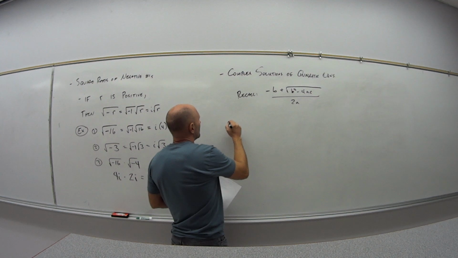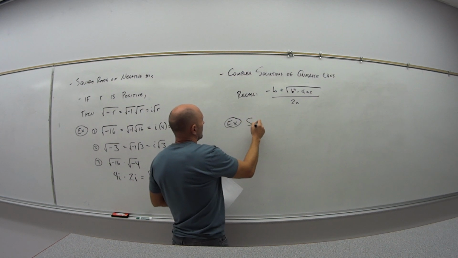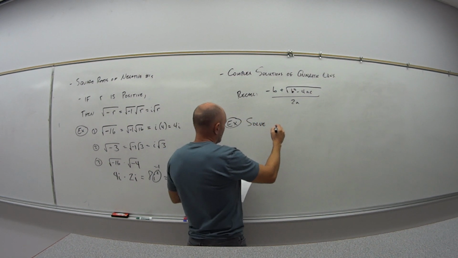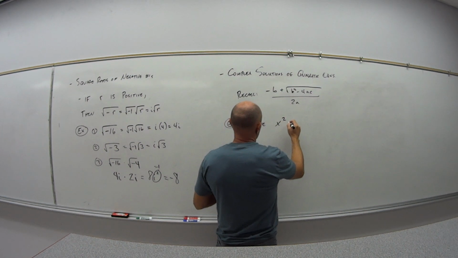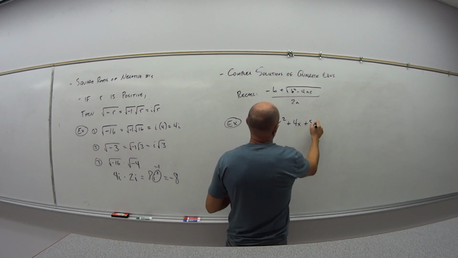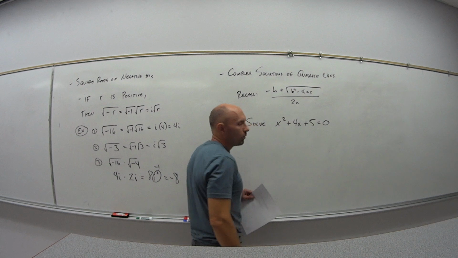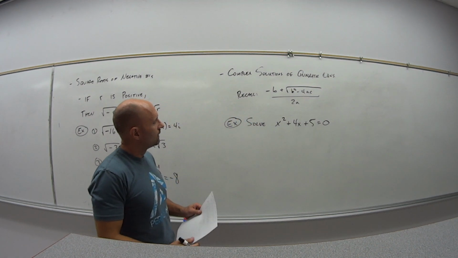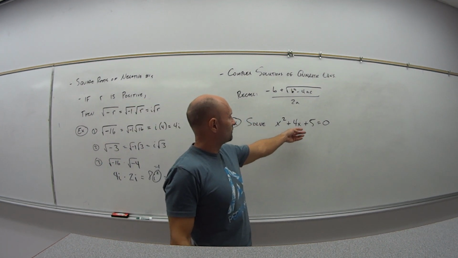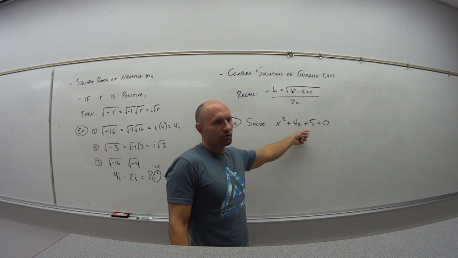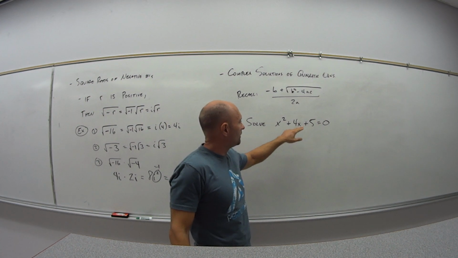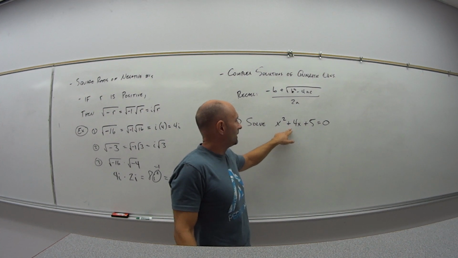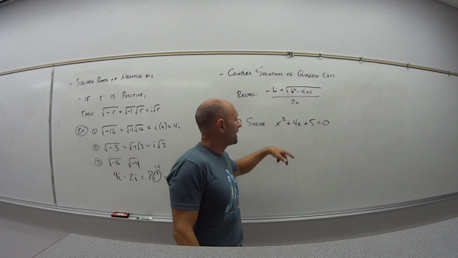So if I have the following example, I want to solve x squared plus 4x plus 5 equals 0. Well, I can't factor this, right? Because 5 has only factors of 5 and 1, and because it's positive, I can't factor it in any way that's going to get me to a 4x.